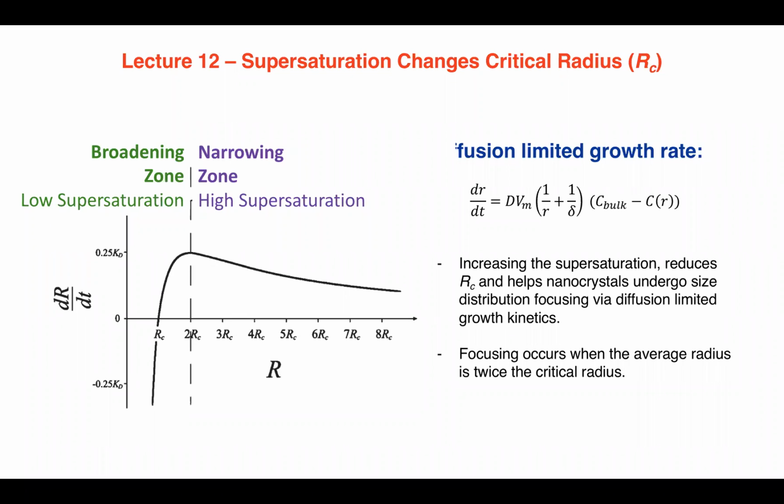He was very interested in having narrow particle size distributions because he was primarily interested in making silver halide colloids for photographic films. For a long time, before there were computers, people took pictures using photographic films and light sensitive colloids, and those colloids are made from silver chloride and silver bromide.